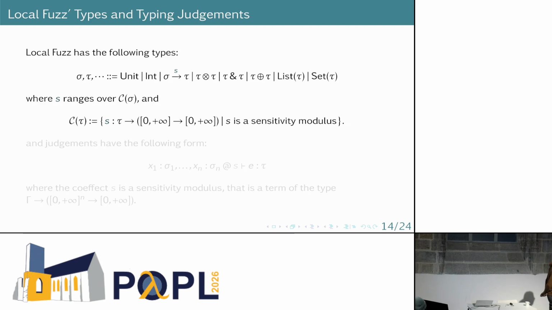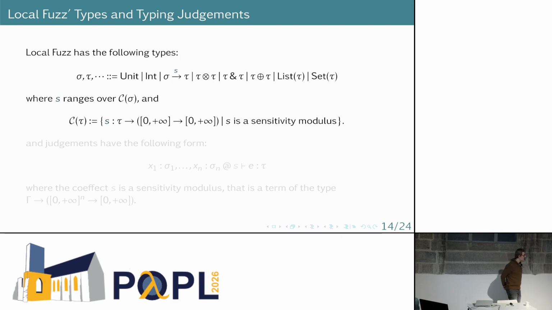You're taking a value as first argument. Then you're taking a number, which is a radius you're considering, and the output is going to be some sensitivity value. And we also require some syntactical properties to hold, such as monotonicity in the radius, this kind of stuff.